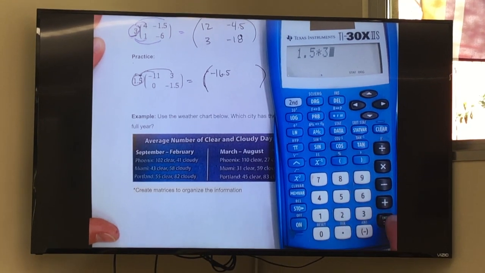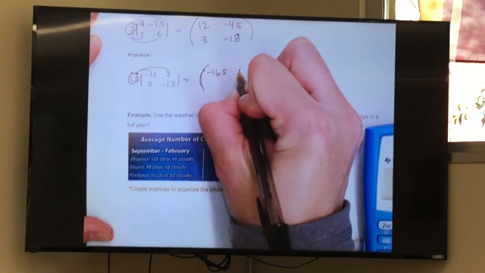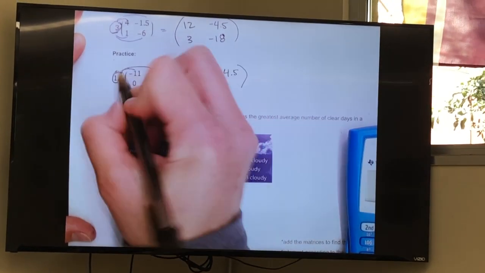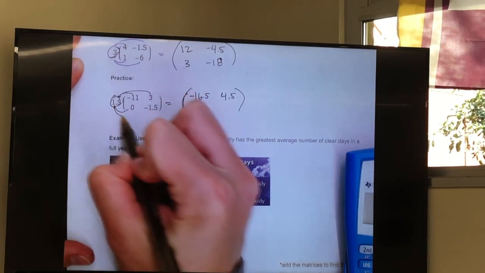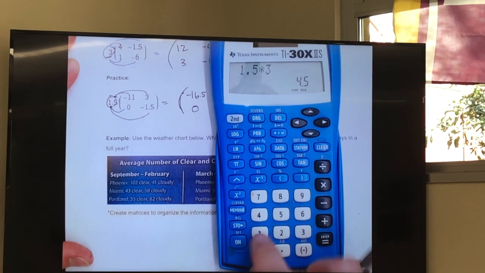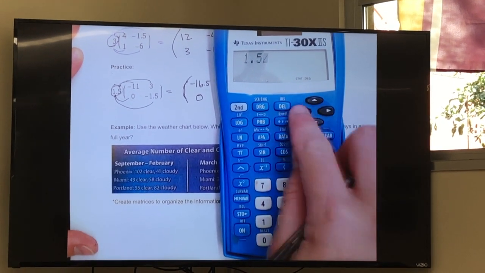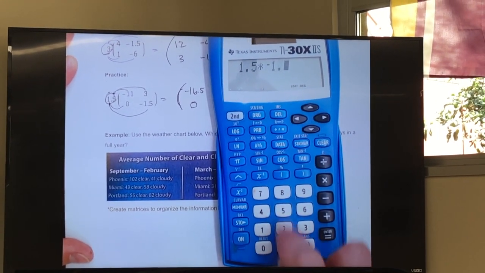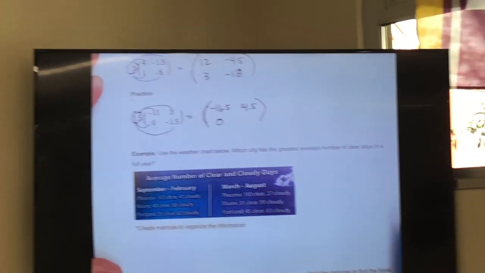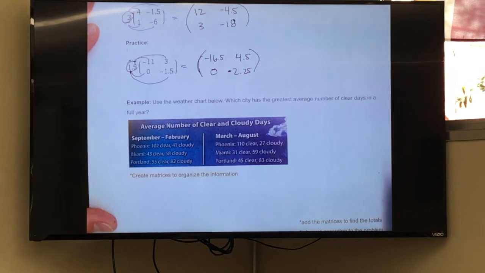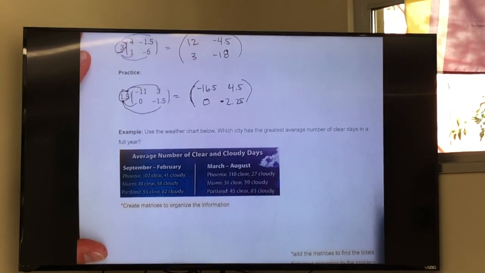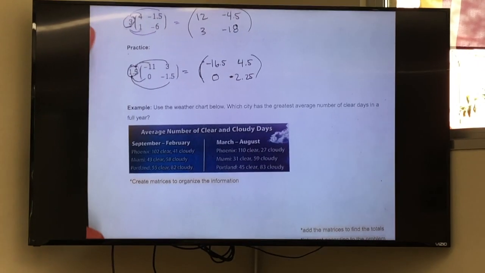Nice. 1.5 times 0, and 1.5 times negative 1.5. Negative 2.25? Yay! Killing the mental math game. So that is scalar multiplication. All you do is distribute the number to each term in the same spot.